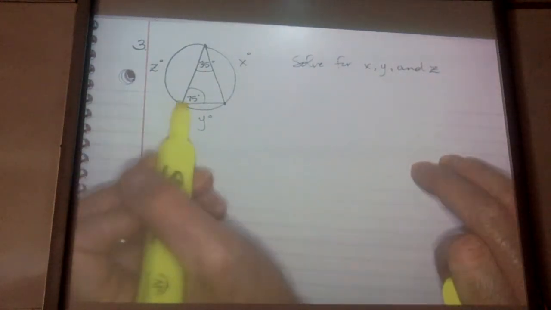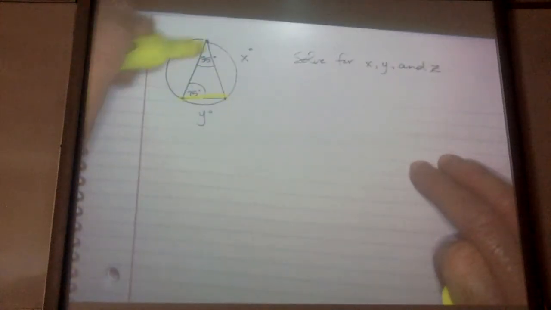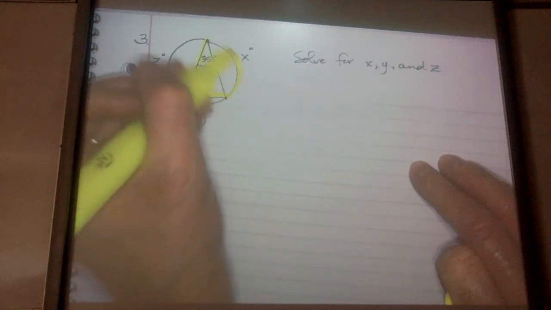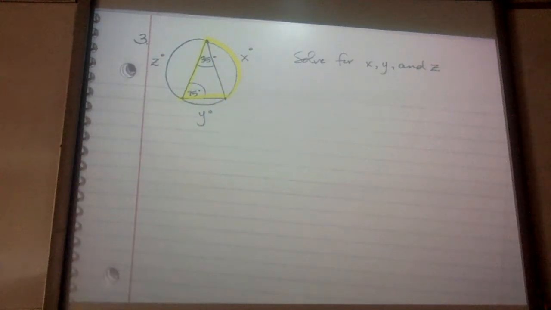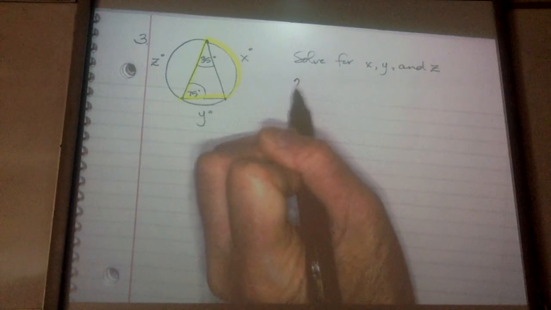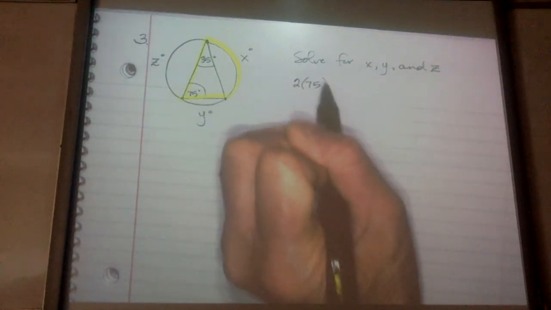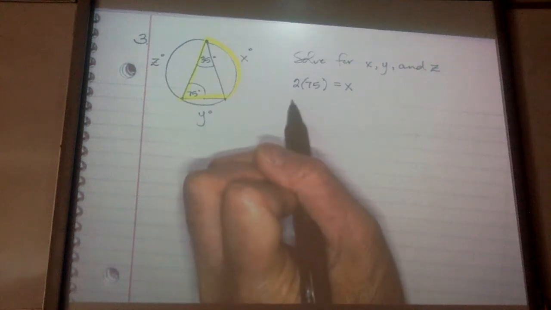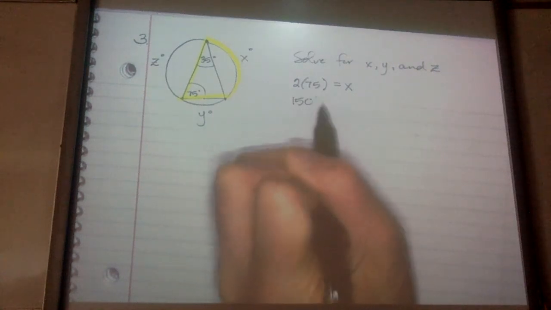So I know that this inscribed angle here of 75 has to do with this arc of x. And review earlier was 2 times the inscribed angle must equal x. So that means that 150 degrees equals x.